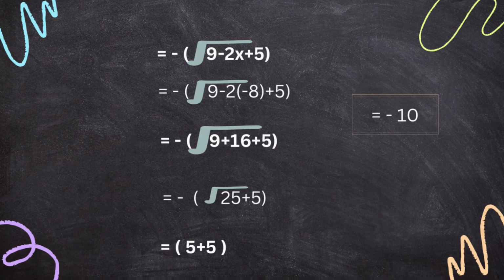Just bring down positive 5. 9 plus 16 is equal to 25. Square root of 25 is equal to 5. 5 plus 5 is equal to 10. Since we have a negative sign outside the parentheses, our answer is negative 10. Therefore, the limit of 2x plus 16 over the square root of 9 minus 2x minus 5 as x approaches negative 8 is equal to negative 10.